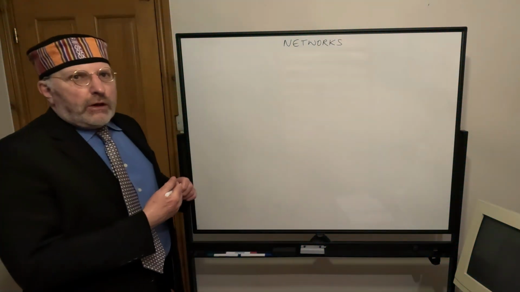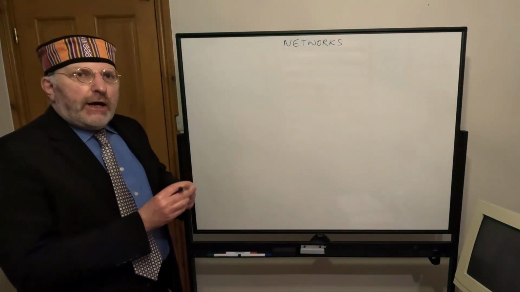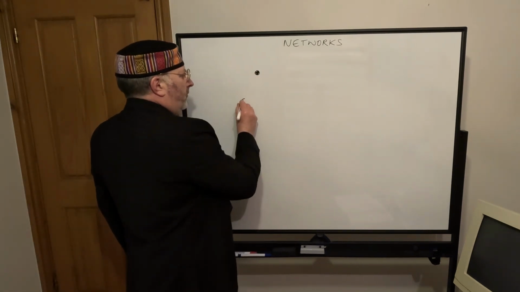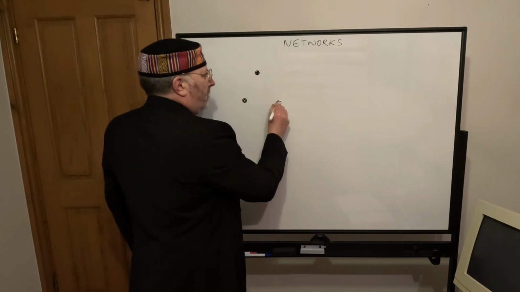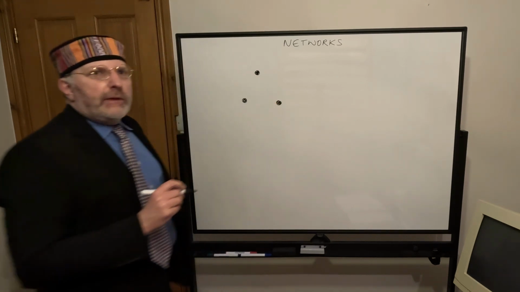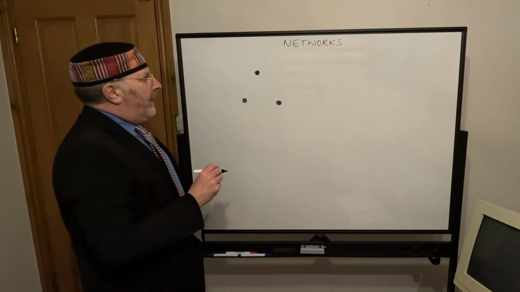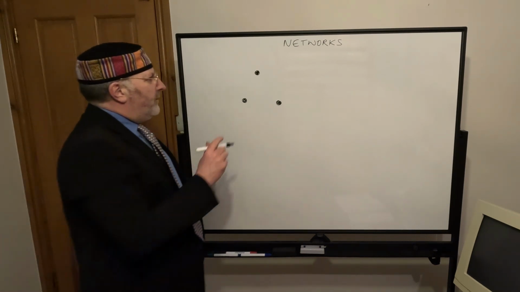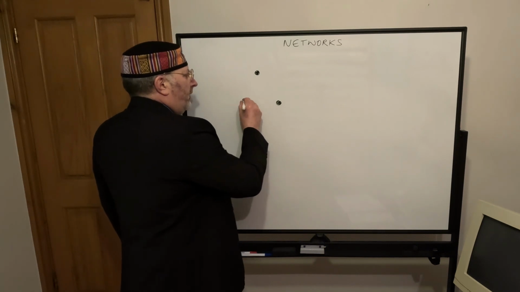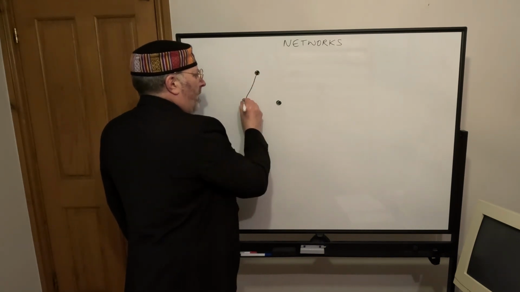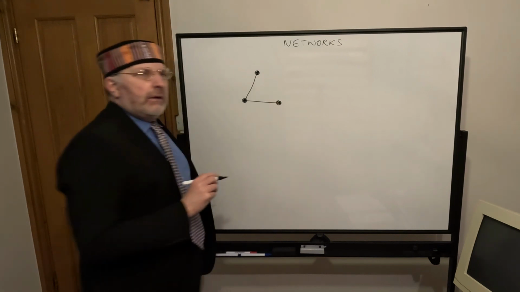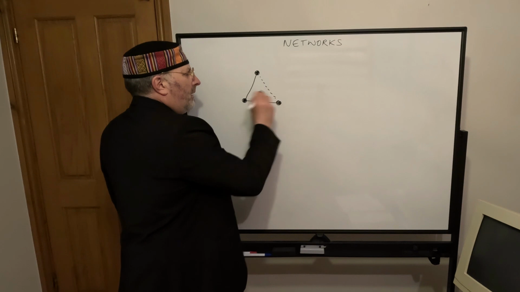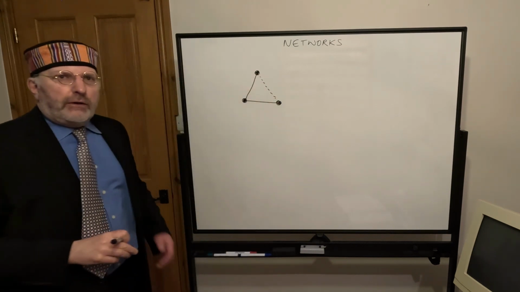Okay, the next thing we're going to consider is the idea of a triad. So a triad is a set of three nodes that are all connected to each other. And one of the questions of interest is, if we've got a node that is connected to two other nodes, is the other pair also connected?